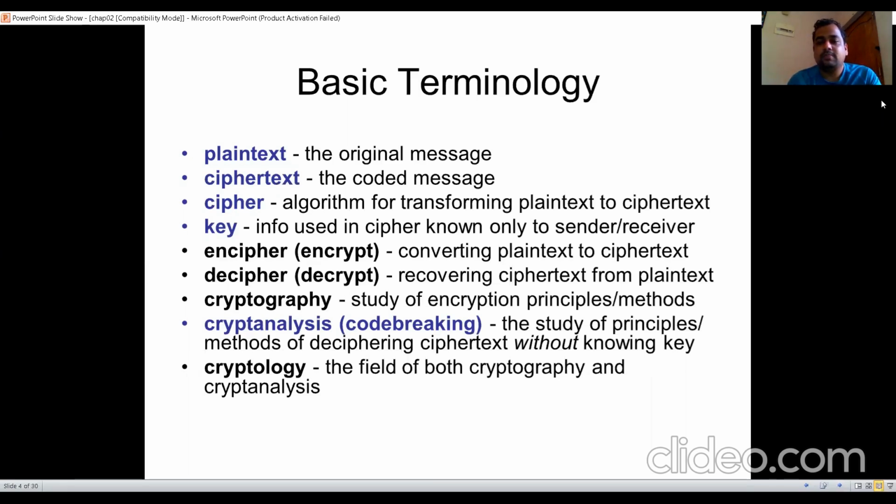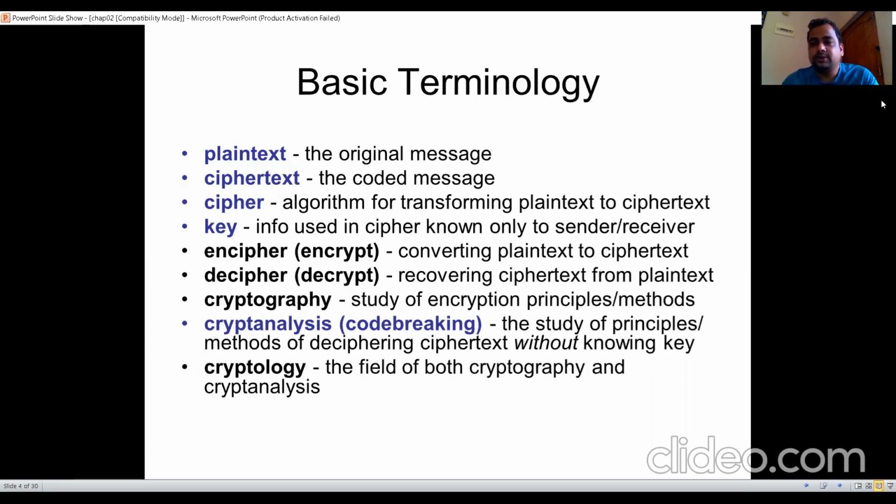Now, to convert the original plain text into ciphertext, we need the help of a key, which is a secret piece of information used to convert plain text into the corresponding ciphertext.